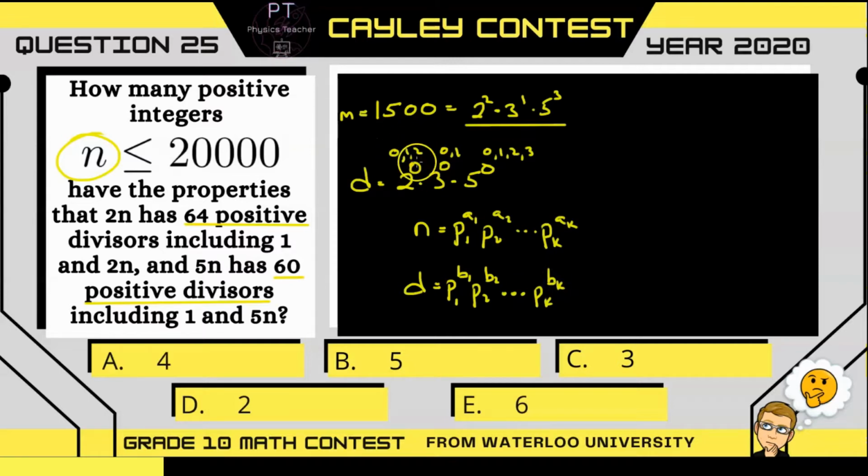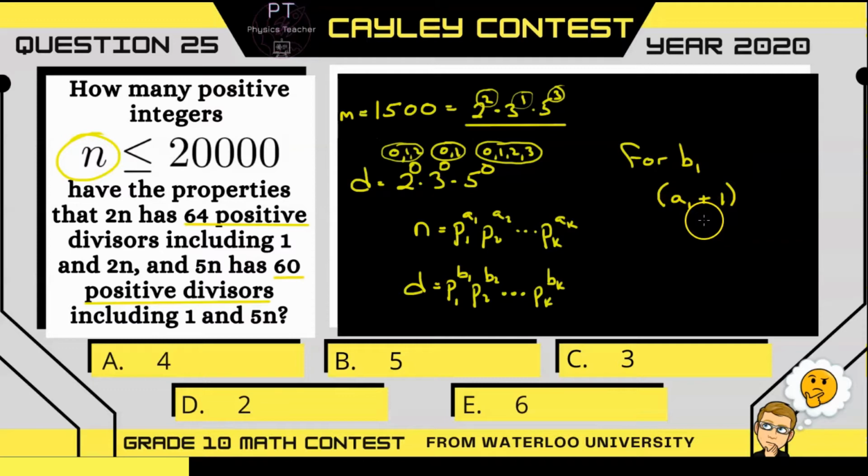Now if we look at this, you can see if this is 2, this has 3 possibilities. If this is 1, this has 2 possibilities. If this is 3, this has 4 possibilities. This means that for b1, there are a1 plus 1 possible values.